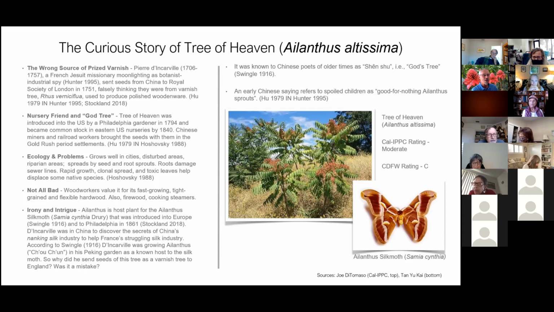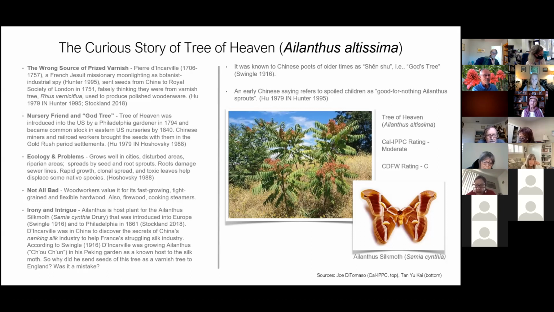And by the time they figured out it was actually a disaster because its roots were cutting through and clogging the sewer lines, breaking them, it was already exported to the United States, and by the mid-1800s, it was common in US nurseries. Similarly, in another introduction, the Chinese, just like Europeans and others brought in their favorite plants, the Chinese brought in their favorite plants when they built the railroads.